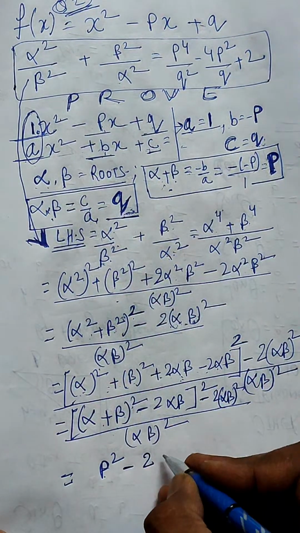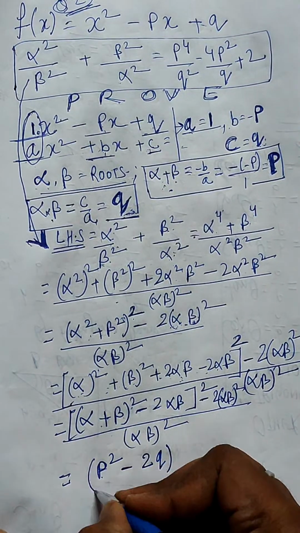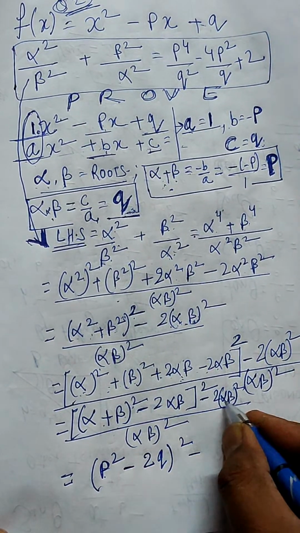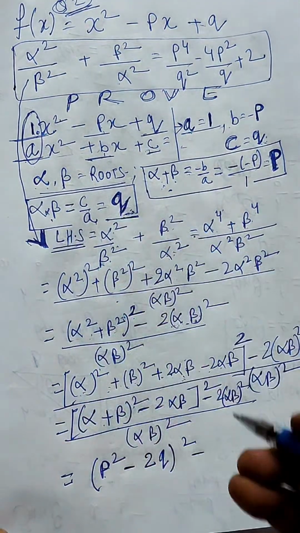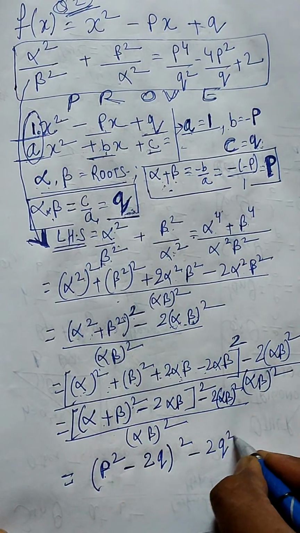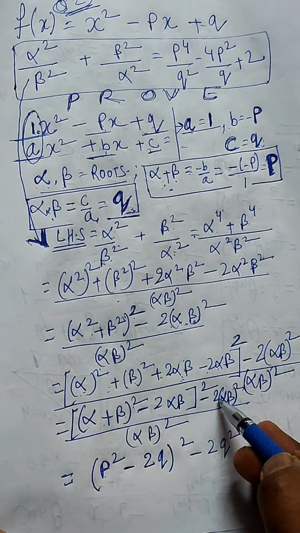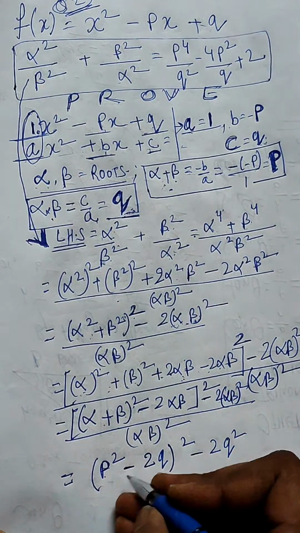Put in the value of alpha beta as q, the product of the roots, whole square minus 2 alpha beta whole square, so it will be 2q square. 2 is outside the bracket, mind it, not inside the bracket, okay?